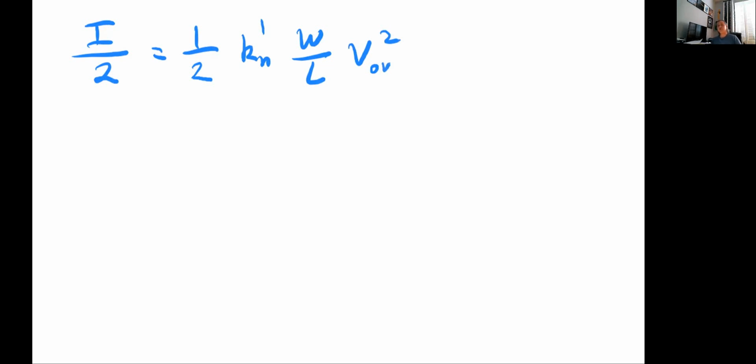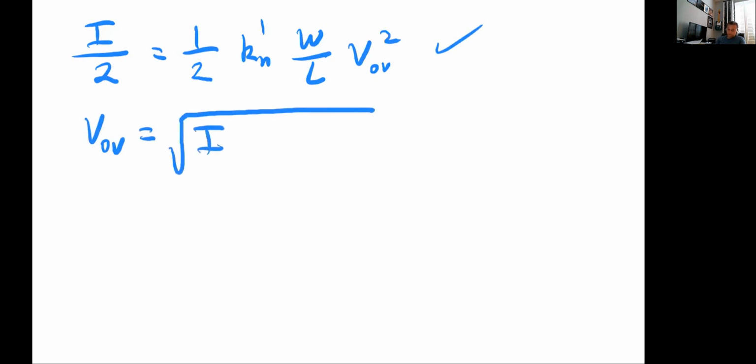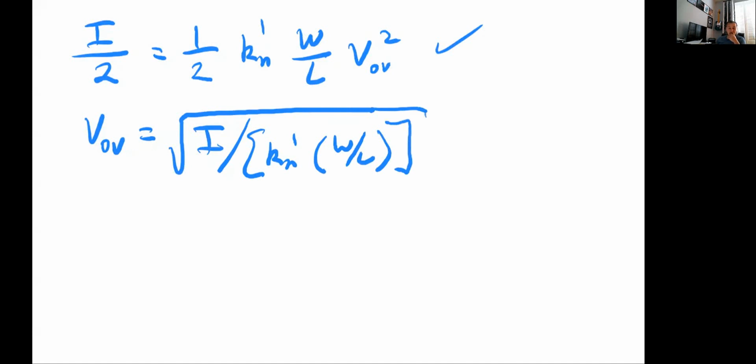But the overdrive voltage is an important quantity because it tells us how much gate to source voltage we have to apply above the threshold to get the transistors operational. So that's why we want to solve this equation for the overdrive voltage, okay? And that gives us this expression, okay?